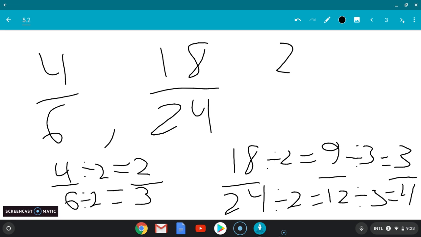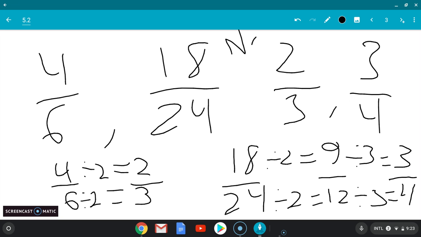Now my two ratios have simplified to 2 over 3 and 3 over 4. Neither of these can be simplified any further, so that's a no. They are not proportional. Okay, so basically if you're comparing two ratios, you simplify them down. If the simplified ratios are not the same, they're not proportional, they're not equivalent. Okay, but if they are the same, they are proportional.